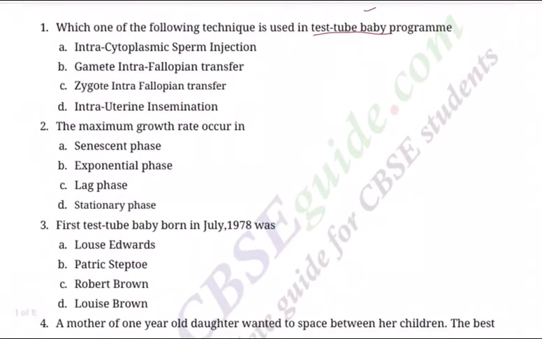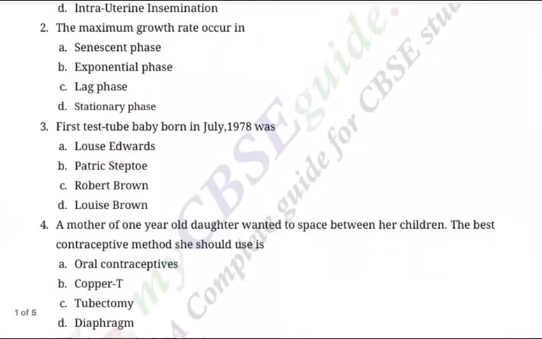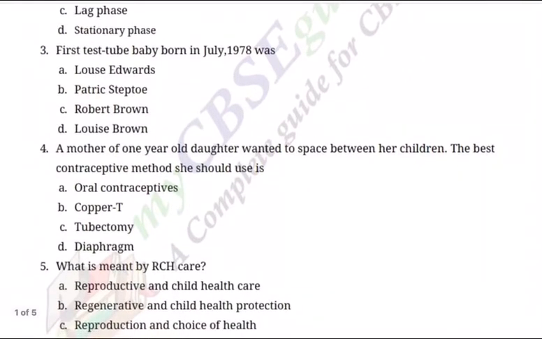So I am going to just read the questions first, then we answer. The maximum growth rate occurs in senescent phase, exponential phase, lag phase, stationary phase. Question 3. First test tube baby born in July 1978 was Louis Edwards, Patrick Steptoe, Robert Brown, Louis Brown.